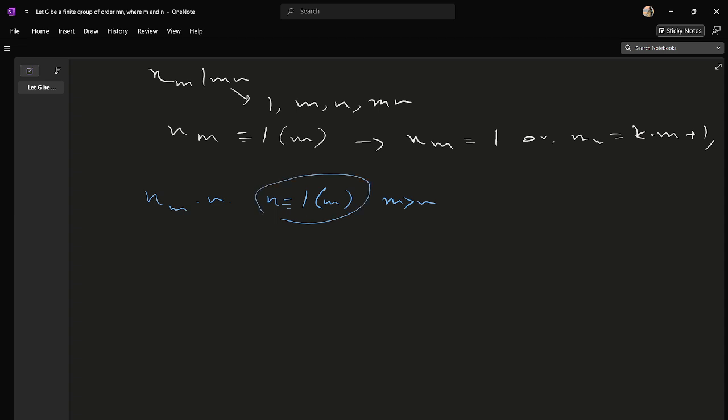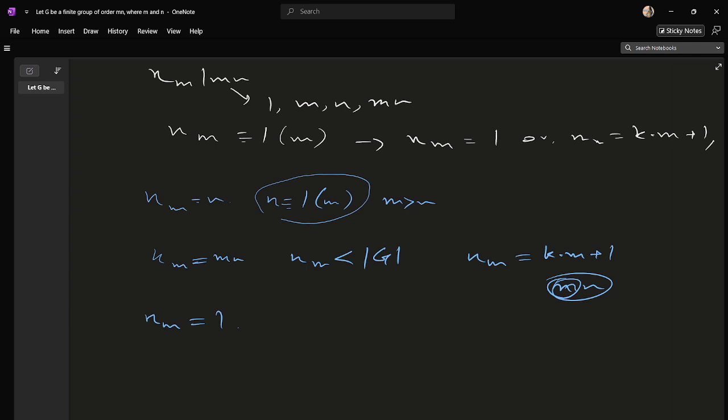Now if n_m is mn, this is also impossible, because n_m is of the form km plus 1, but mn has divisor m, so that cannot be possible. Therefore the only possibility of n_m is equal to 1.